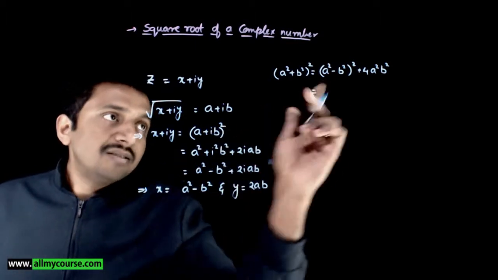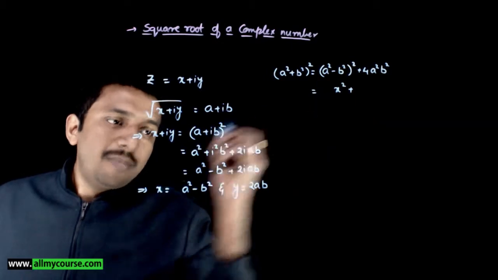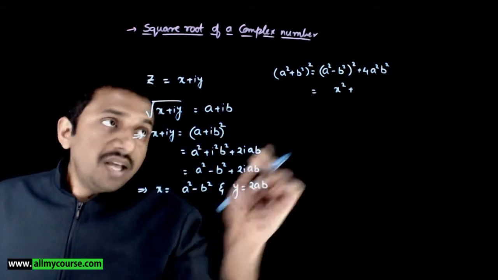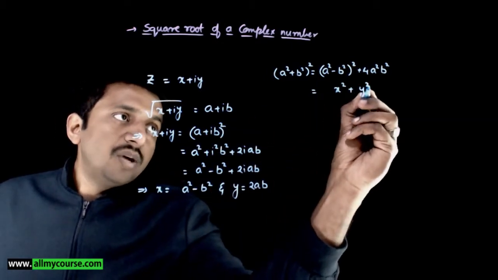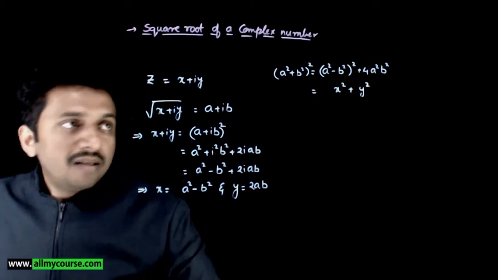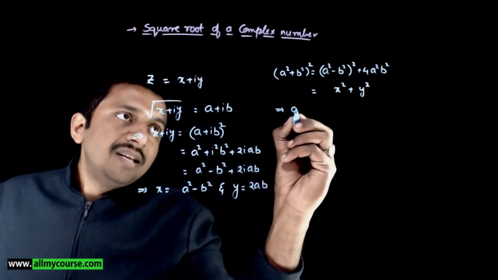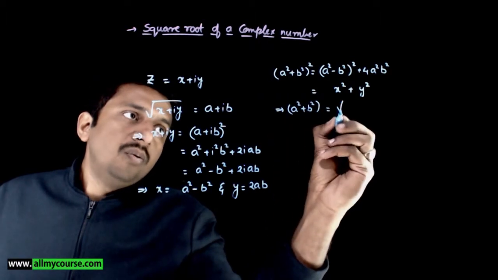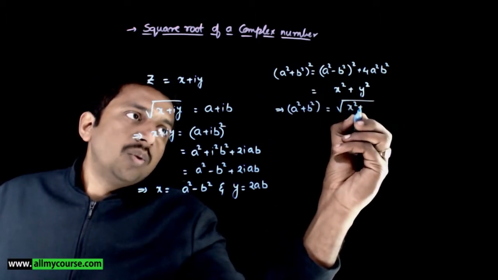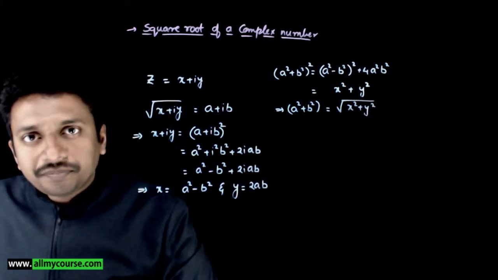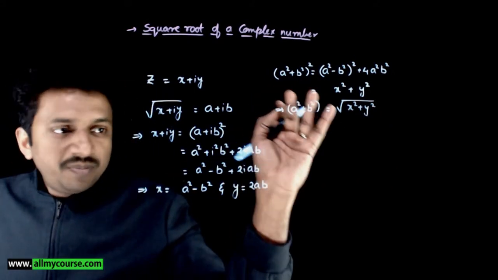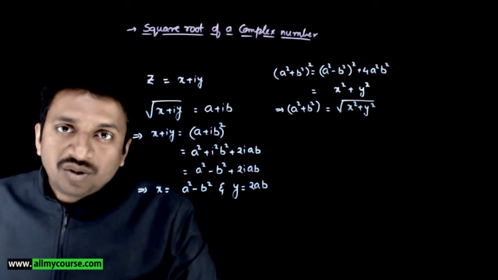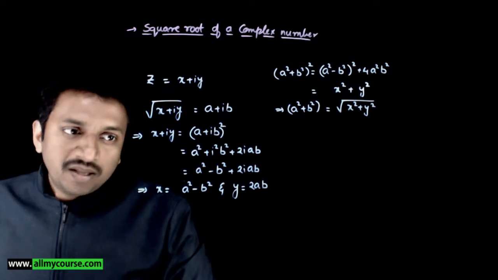It is equal to x, so this becomes x square, plus 2ab is y, so 4a square b square becomes y square. This implies a square plus b square is equal to root of x square plus y square.